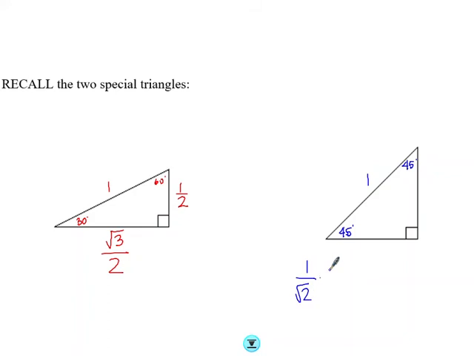If we go ahead and rationalize this, we multiply by square root of 2 over square root of 2, and we get square root of 2 over 2. So that means that both of these legs have length square root of 2 over 2. Now, the reason that we are looking at these 2 special right triangles is because we are going to use these for the unit circle.